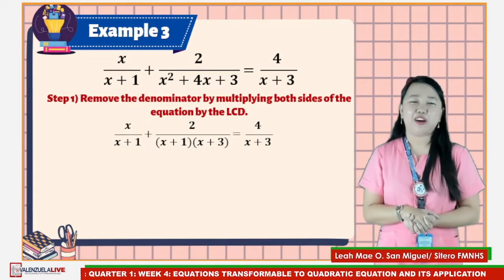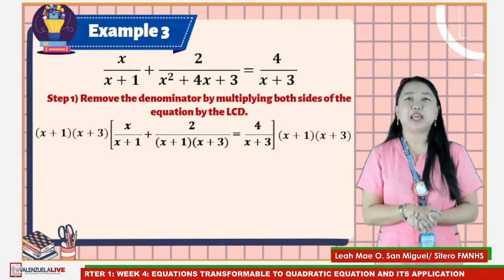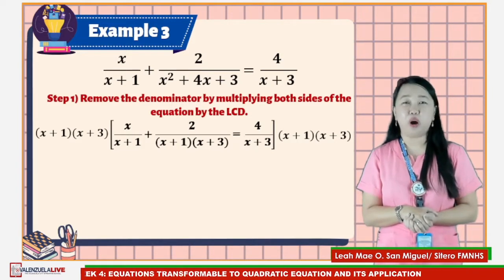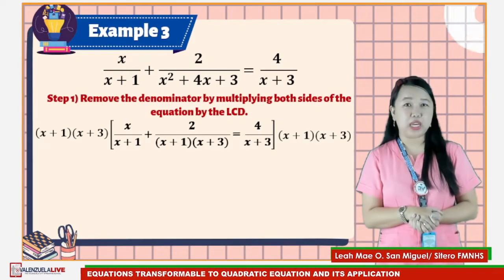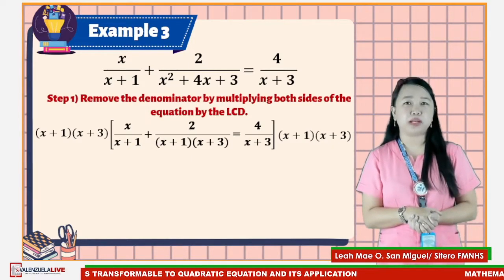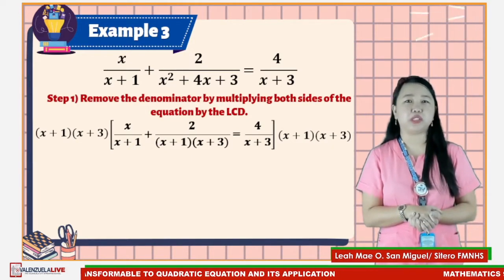Great! We have x plus 1 times x plus 3. If x is not equal to negative 1 and negative 3, we could multiply both sides by the product of the binomials x plus 1 and x plus 3.